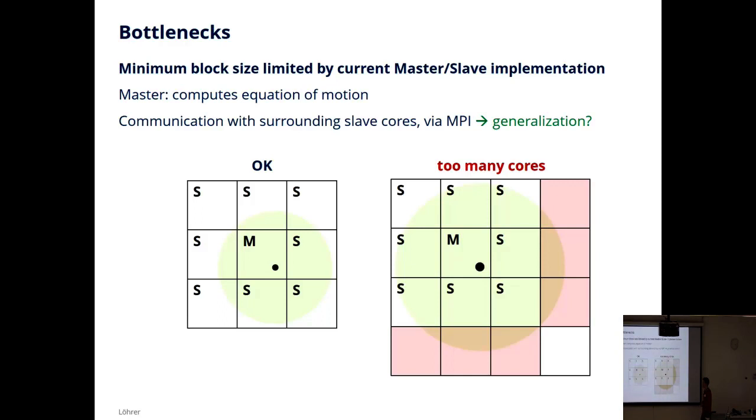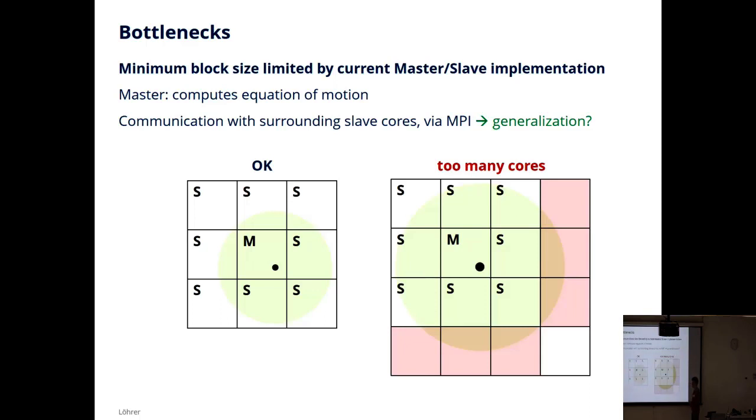Our minimum block size, that is how many cells a single core gets to compute, is currently limited by the way we have implemented the disperse phase handling. Right now, if the center of mass of a particle is in a subdomain corresponding to one core, that core gets to do the master computation for that particle.